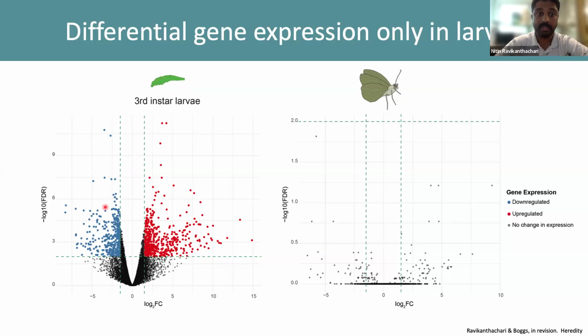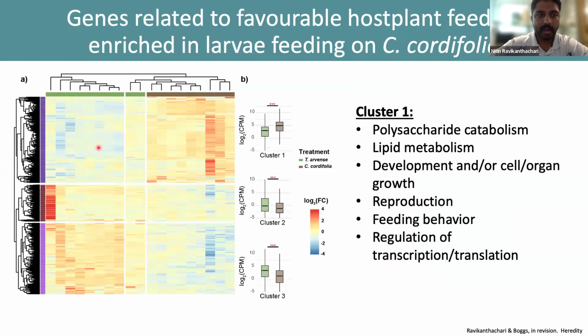So what we did was we looked at what these differentially expressed genes were, because we wanted to see the mechanistic underpinnings. We identified 3 distinct gene clusters that were differentially expressed between the larvae that fed on the invasive and the native plant. Green here is the invasive plant and brown is the native plant.